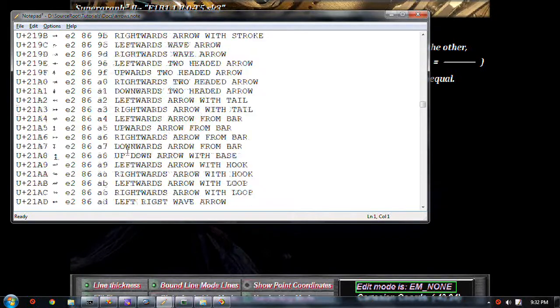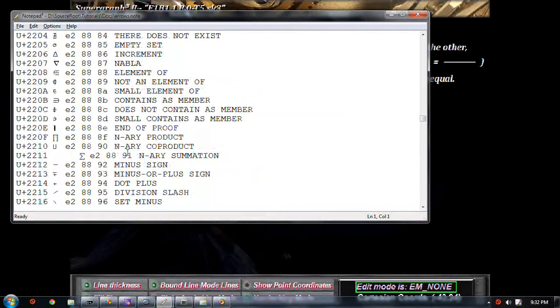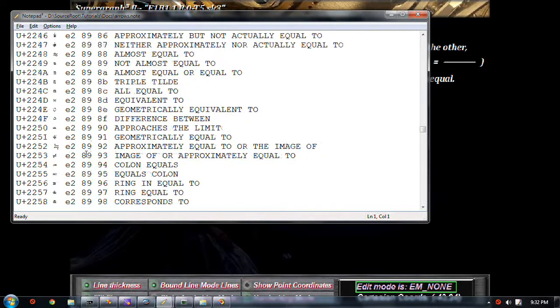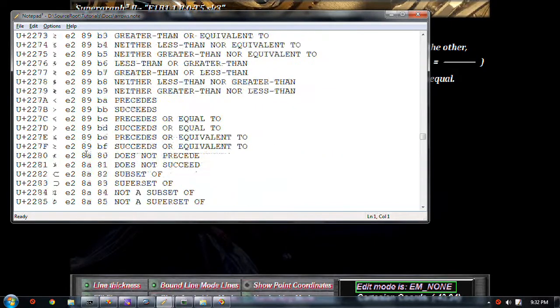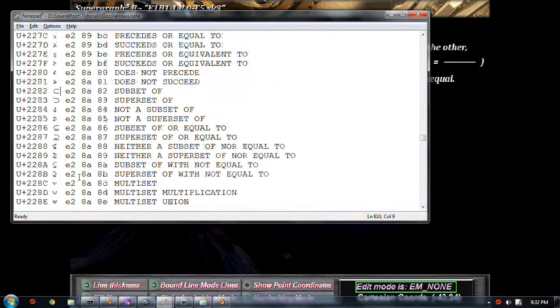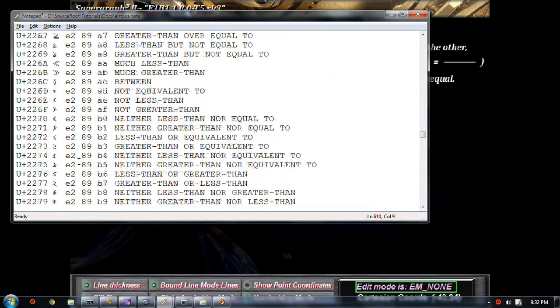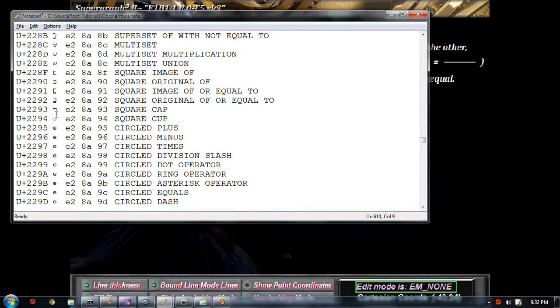Now I've got so many of them that they're starting to mess each other up. The geometry less is here, these ones. Oh no, that's subset. It's a square brace. Here it is. Oh no, here. So this is square image of square cup.